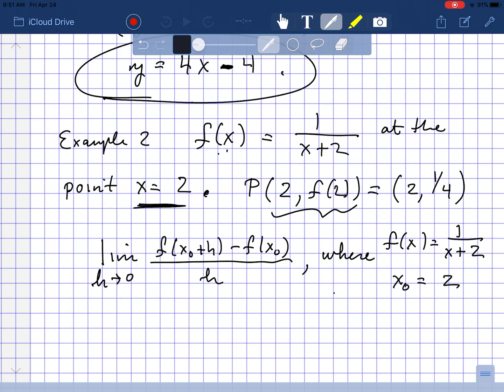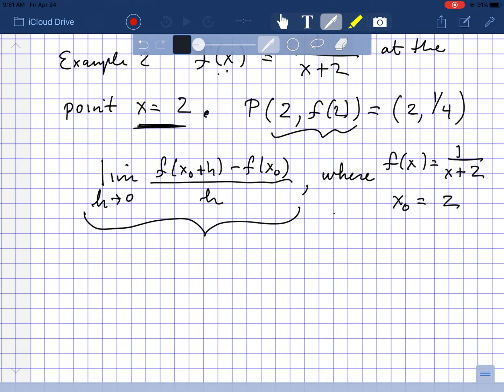Now, if this limit exists, then our tangent line is going to exist, and the slope of that tangent line is going to be this limit. So everything hinges on the existence of this limit and our ability to find that limit.